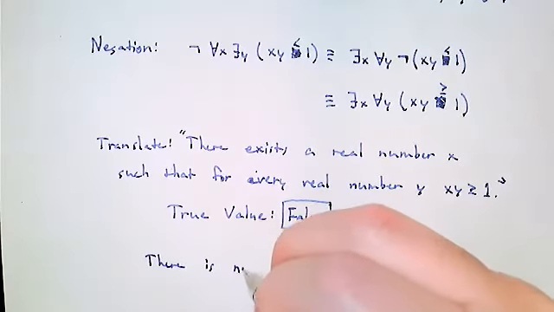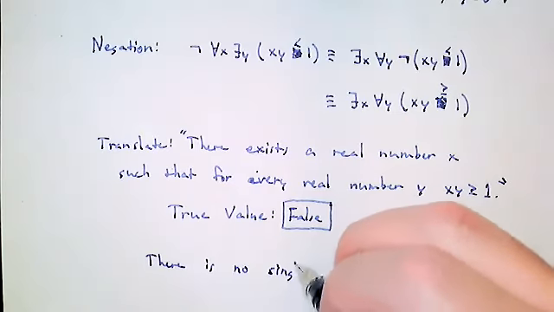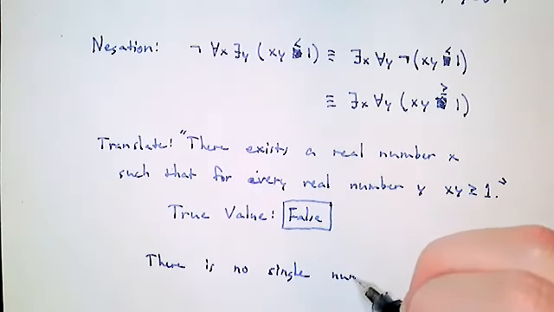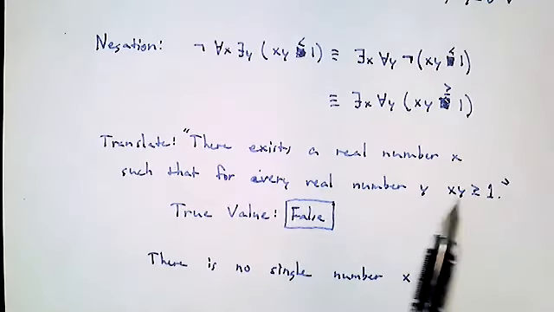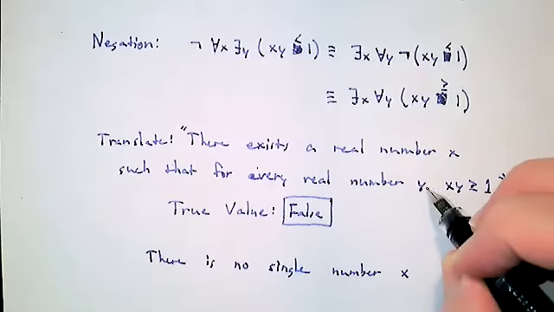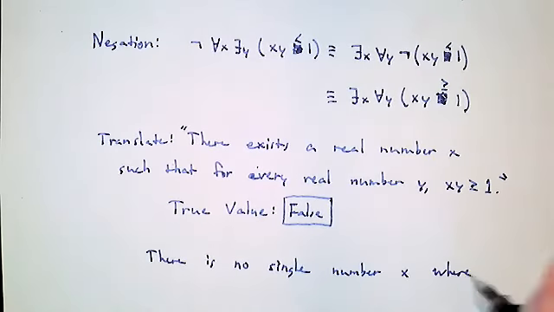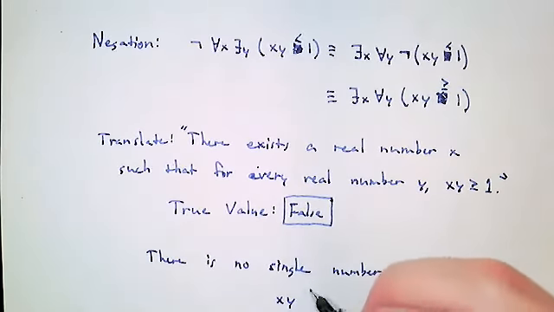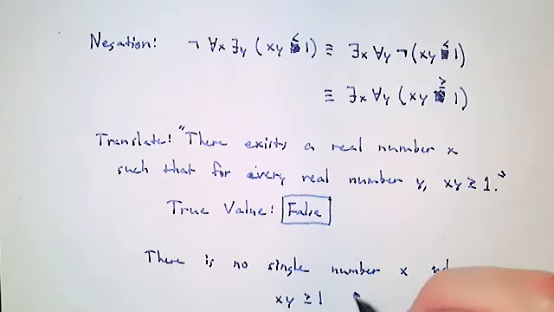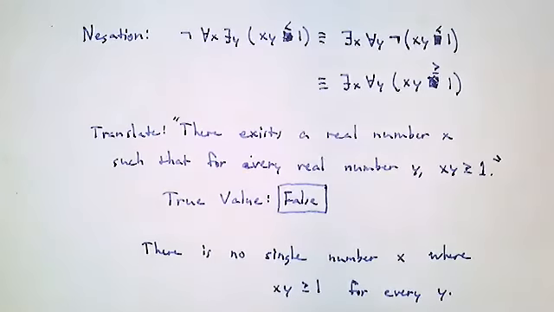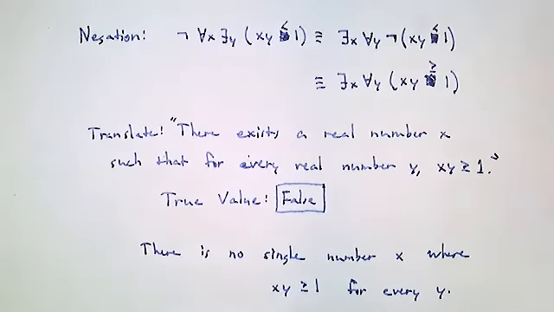There is no single number that makes this true for every y. So maybe Luan meant something a little bit different when he said 0.